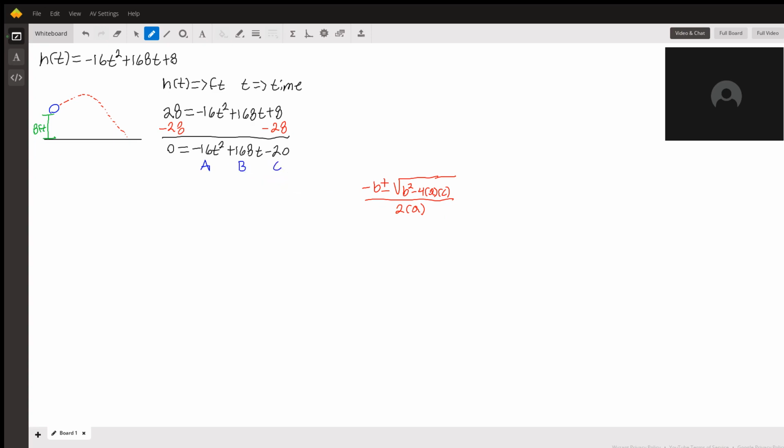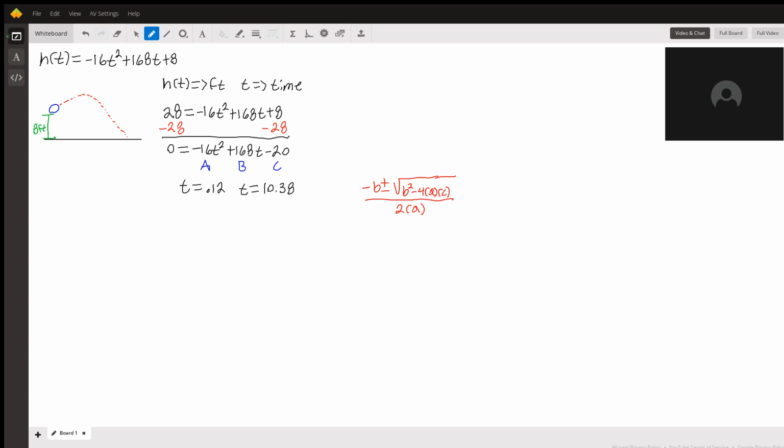Plugging this into the calculator, we will get t is equal to 0.12 and t is equal to 10.38, since it says around 2 decimal places, so the hundredth place.